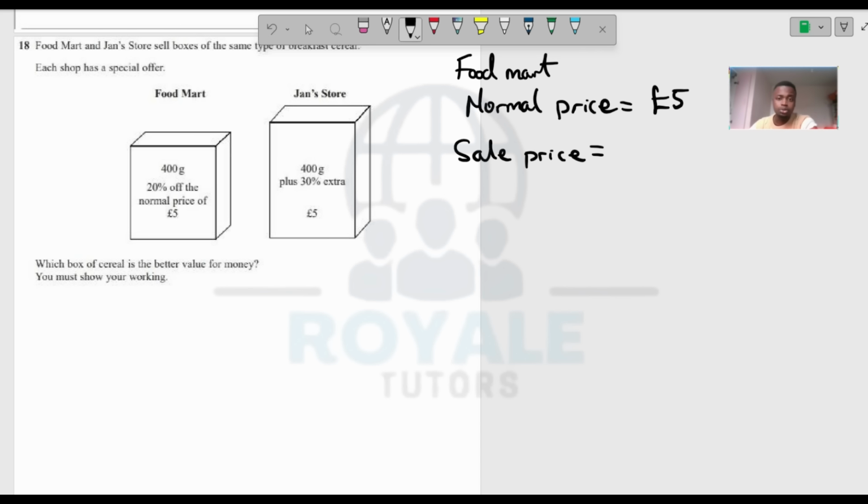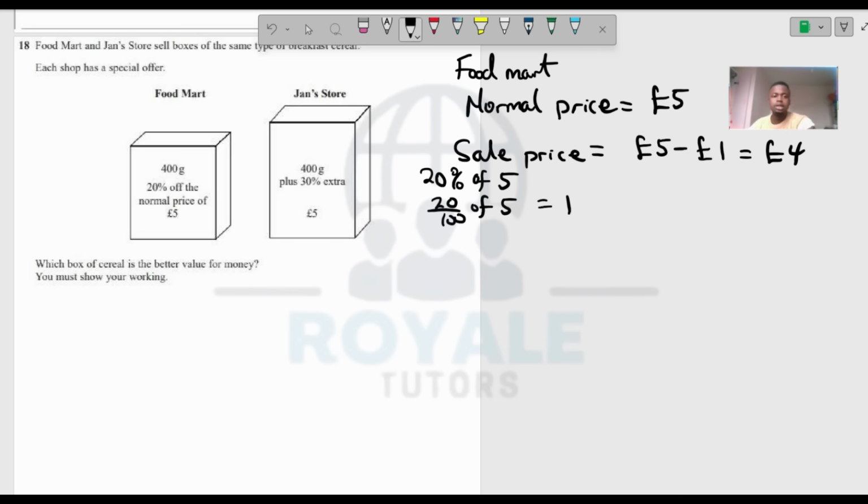So all I need to do is find 20% of 5. 20% of 5 is 20 over 100 of 5, which gives me 1. I take that off, and that gives me £4. So that means I got 400 grams at £4 at Food Mart.